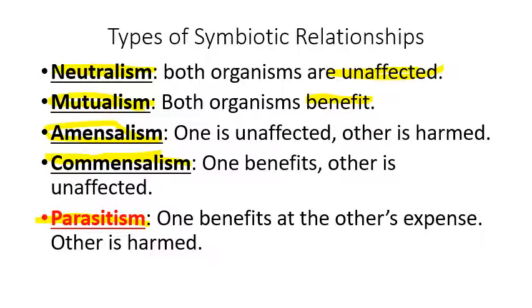They get inside us and they damage our tissues, and they start eating us whether we're dead or not. They gain a lot from doing that, but we don't gain anything. In fact, we are harmed by that relationship. So most or all of the pathogenic bacteria that we discuss in this course are in fact practicing parasitism.